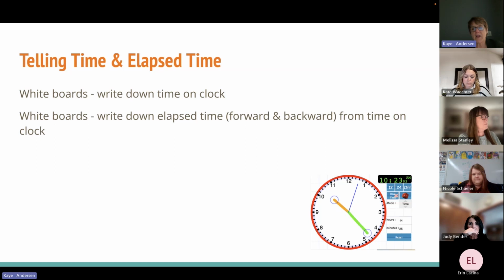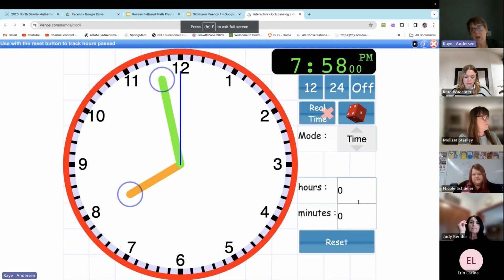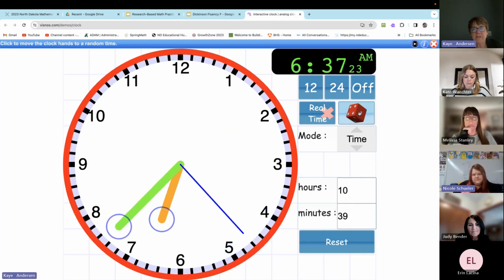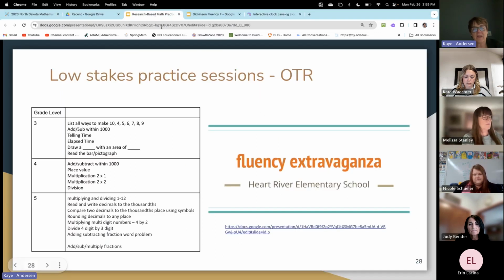Whiteboards telling time. The link in the bottom takes them to a clock that they simply can spin, and they can have the kids tell the time. They spend 3-4 minutes on that, and then they move to the next thing.